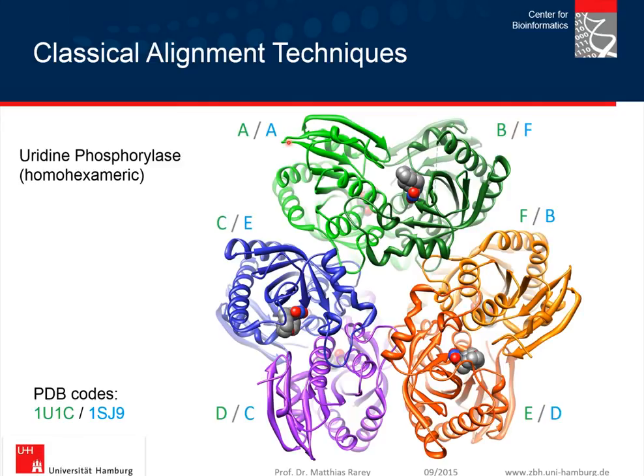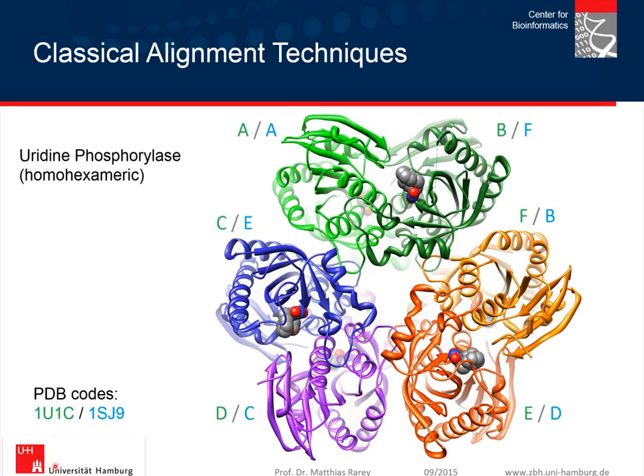This is an interesting example. You see annotations from the PDB by these letters here, because you might think at this moment, well, this is not really a problem, because the chains all have their names, and if I see the interface between chain A and B, it will always be A and B. But this is not the case. Here are just two PDB codes with an inconsistent assignment.